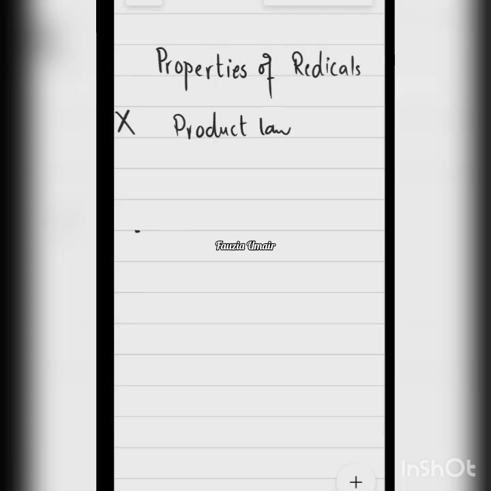So product law says that if two radicals are multiplied and their index is same, for example, a with index n, multiplied with radical b with the same index, because the index of both radicals is same, we can bring them under the same umbrella.